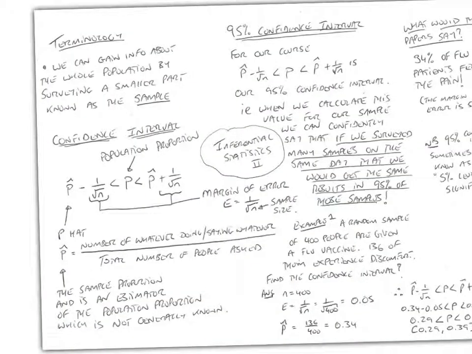So let's look at some terminology here. We can gain information about the whole population by surveying a smaller part of the whole population known as the sample.